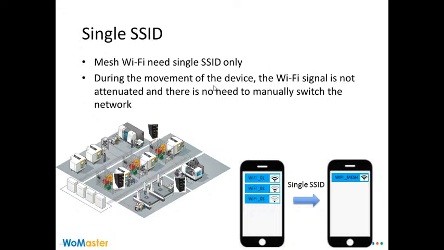In the traditional Wi-Fi AP client architecture, engineers sometimes need to plan different SSIDs to avoid interference among the different APs.